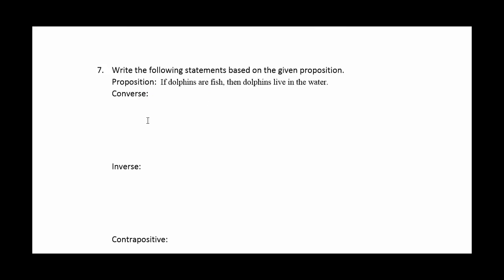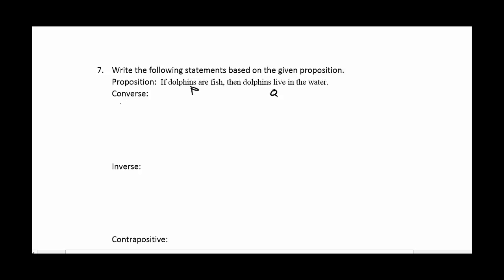All right, number 7. Take the following preposition and write it into its other forms. So the converse, we switch the P and the Q statement. So the P statement, I'll kind of come right above it, is if dolphins are fish, then dolphins live in water.